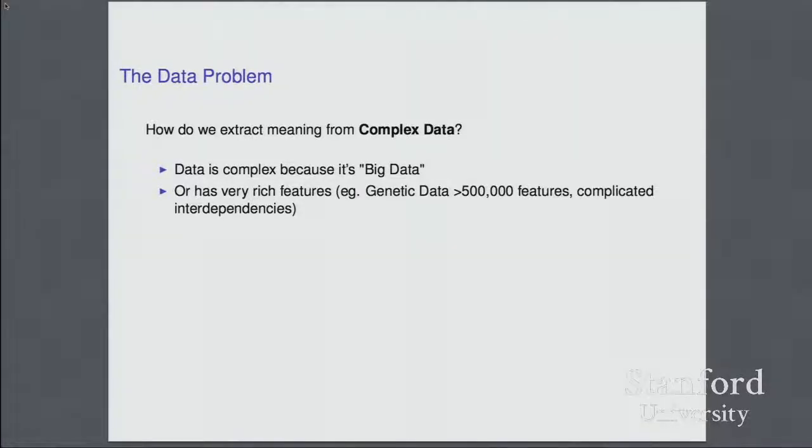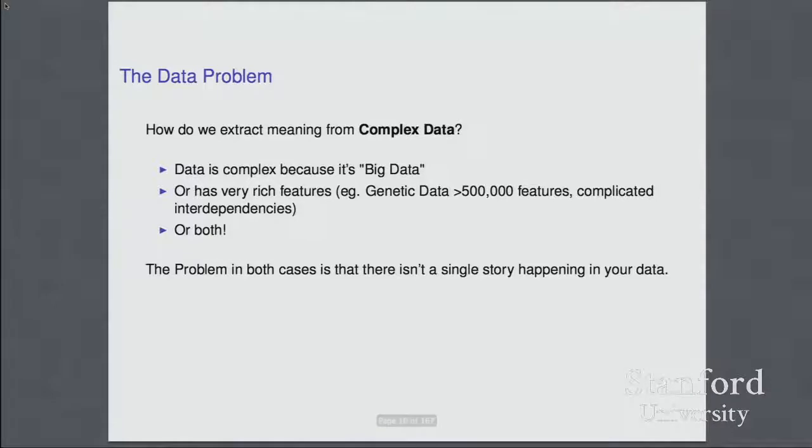So I don't want to think of the data problem as just one of volume. I want to think of complexity, and complexity can come from volume. It can come from other problems as well. Or of course both, right? You can always have both.